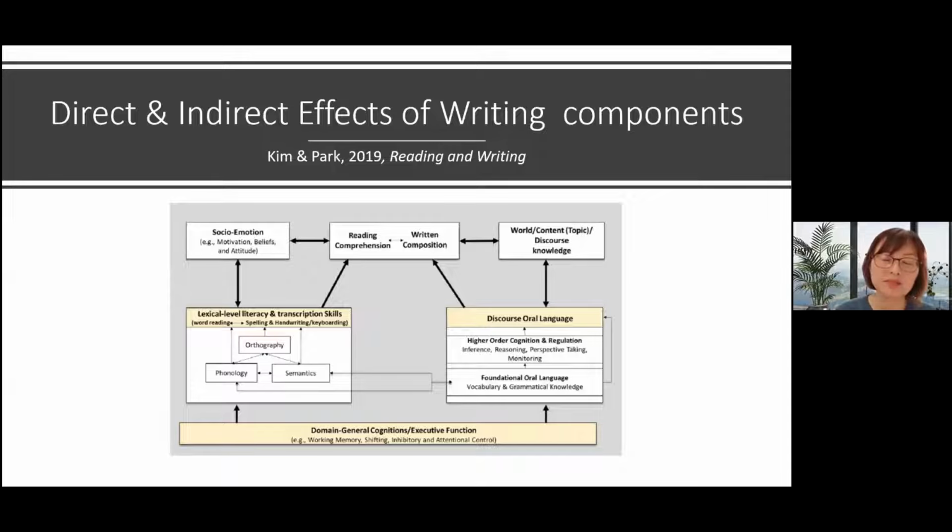So our working memory, our ability to hold something in our memory right now and be able to process it at the same time, our ability to focus on something and sustain our attention, that's important for everything, not just our phonological awareness, developing vocabulary knowledge, but also even math, everything actually. All learning requires these domain general cognitions. So that's why it's there as a foundation. So that's the basic structure of this model.